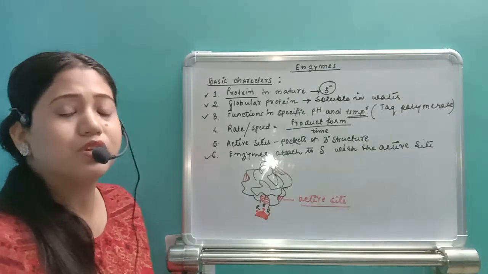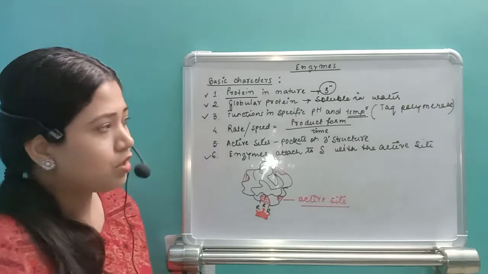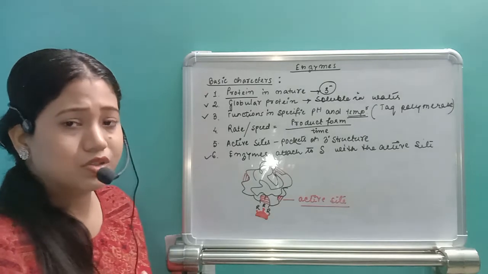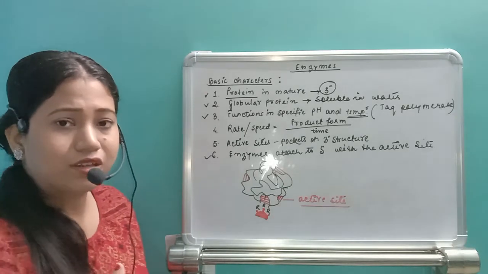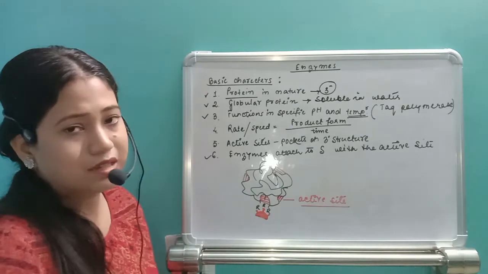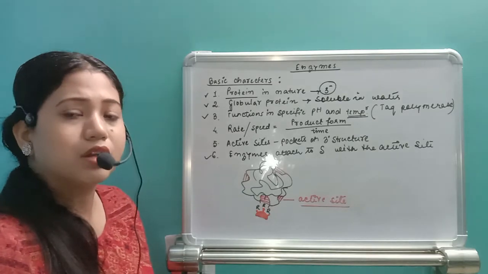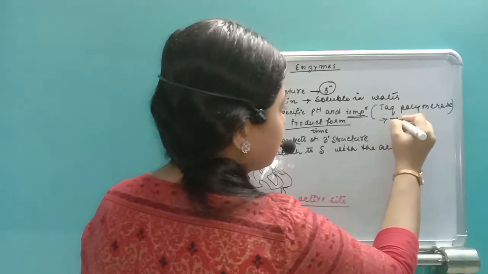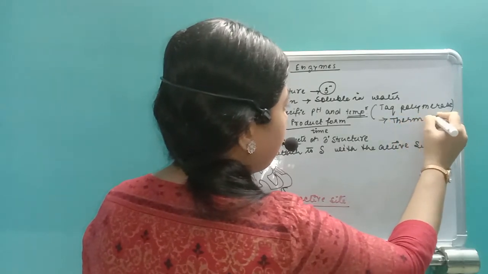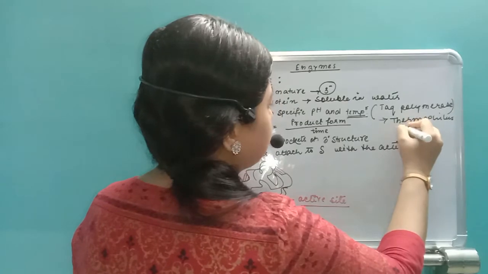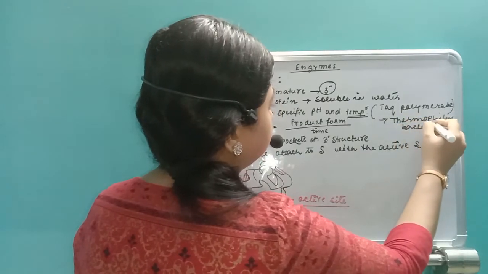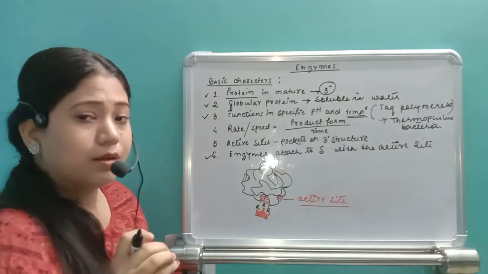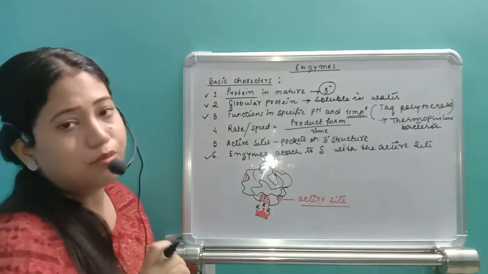In that temperature also it can work. Obviously this enzyme is not ours; it is not extracted from your body. This Taq polymerase is actually acquired from a bacterium called Thermus aquaticus, a thermophilic bacterium. So it works at a specific pH and temperature.